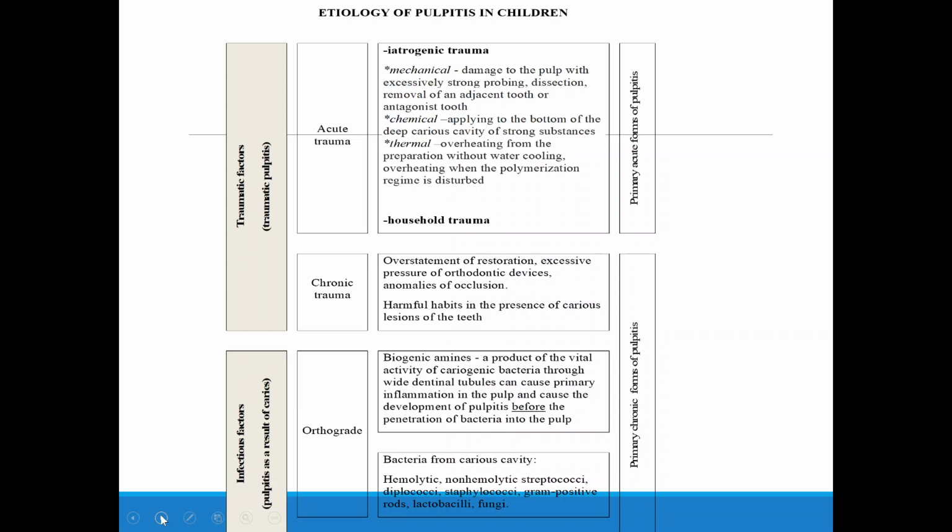Iatrogenic trauma can be mechanical, chemical, or thermal. It happens when the dentist works without following rules and safety measures and damages the pulp with excessively strong probing, removal of an adjacent or antagonist tooth, applying strong substances to the bottom of a deep caries cavity, or using strong antiseptics, which leads to pulpitis.